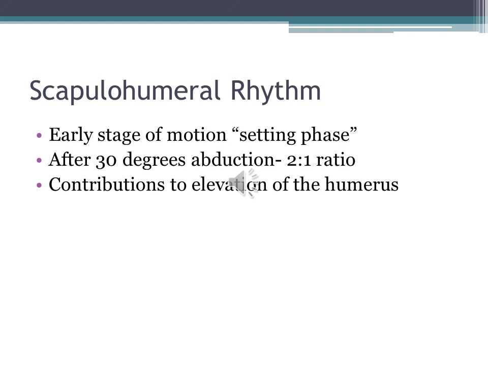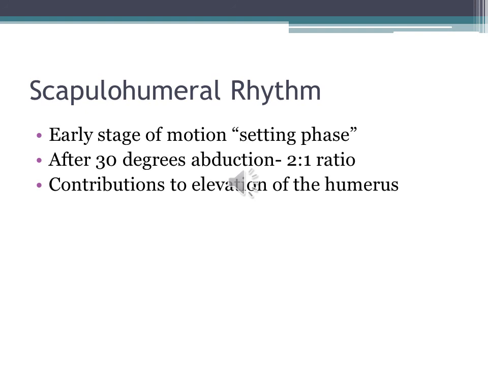So the first 30 degrees of abduction or elevation, we look at the early range of motion as being the setting phase. Meaning that as the humerus begins to move, you initially don't really have any motion of the scapula occurring in the first 30 degrees of motion.